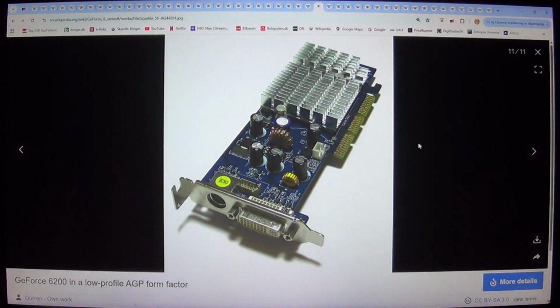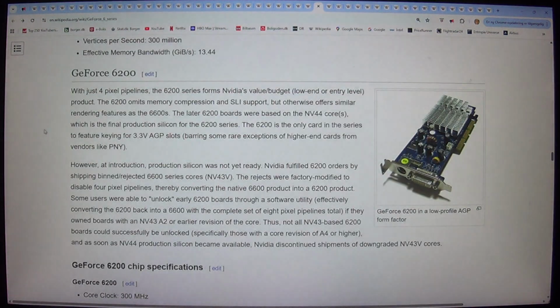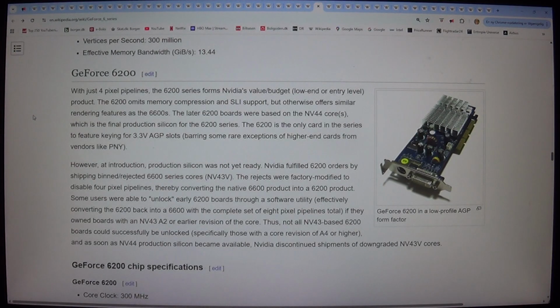GeForce 6200. With just 4 pixel pipelines, the 6200 series forms NVIDIA's value/budget, low-end or entry-level, product. The 6200 omits memory compression and SLI support, but otherwise offers similar rendering features as the 6600s.